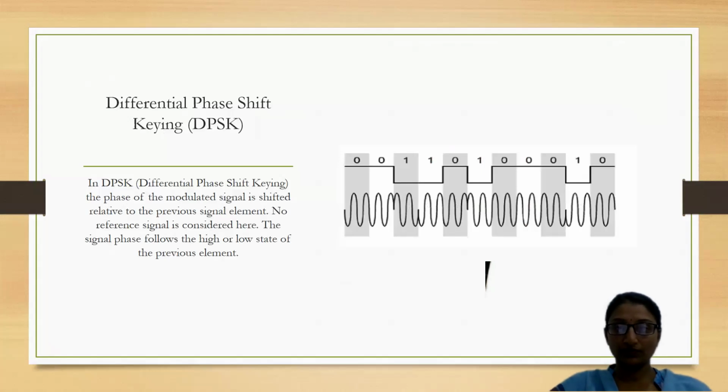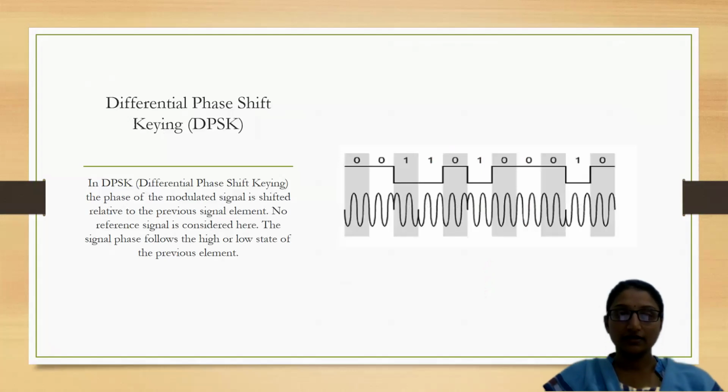And from 1 to 0, there is no phase reversal. From again 0 to 1, you can observe a phase reversal. That means DPSK is purely dependent on the previous bit. If it is active high, then it starts a phase reversal, or else it will stay in the same previous phase.